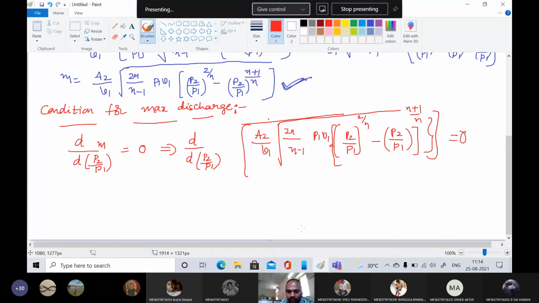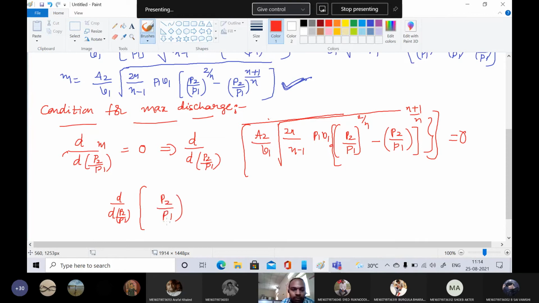Then finally d by d(P2 by P1) of (P2 by P1) whole power 2 by n minus d by d(P2 by P1) of (P2 by P1) whole power n plus 1 by n is equal to 0. Is this step clear?